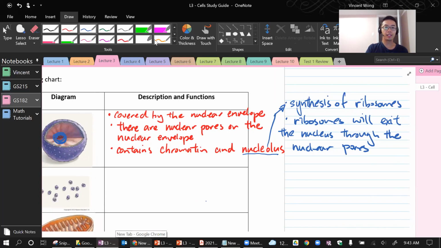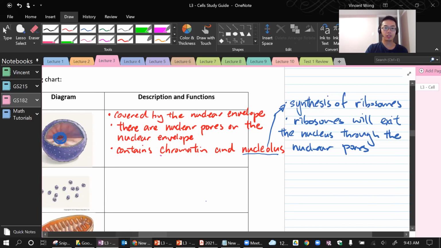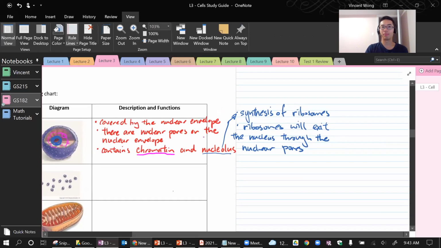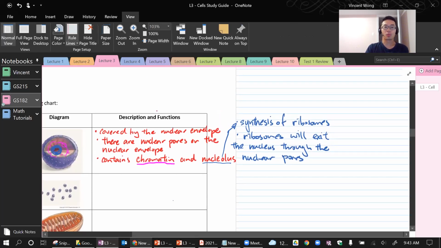Next, we have the chromatin. They are found all over here, right? You probably have heard of chromosome, from basically everywhere. So what's chromosome and what's chromatin? To understand chromatin, you should understand what chromosome is first.